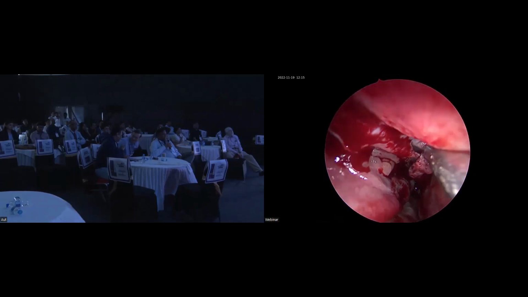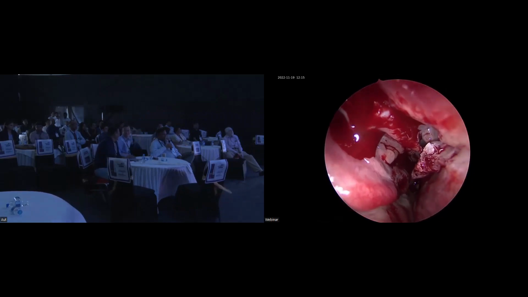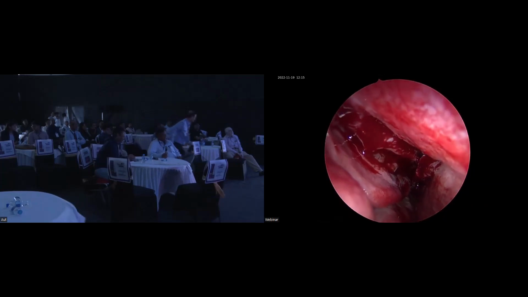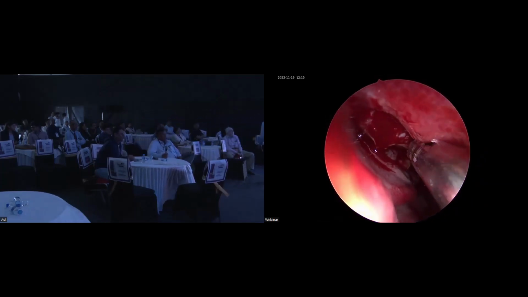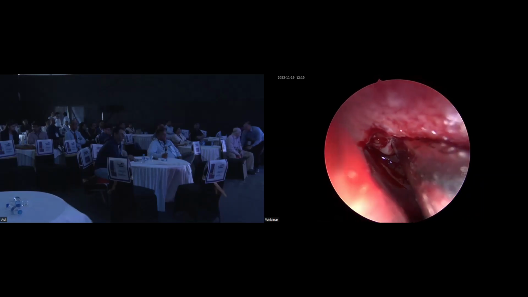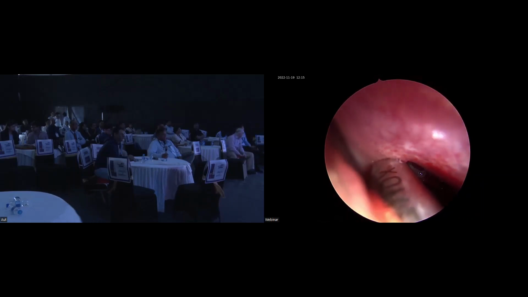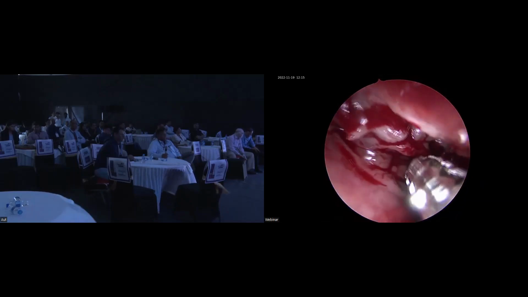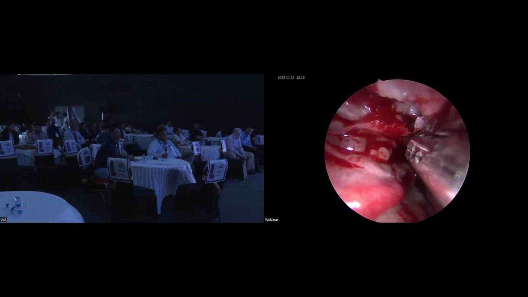Here what you are seeing is the lower part of the horizontal part of the uncinate. Still, I have some part of the uncinate remaining.